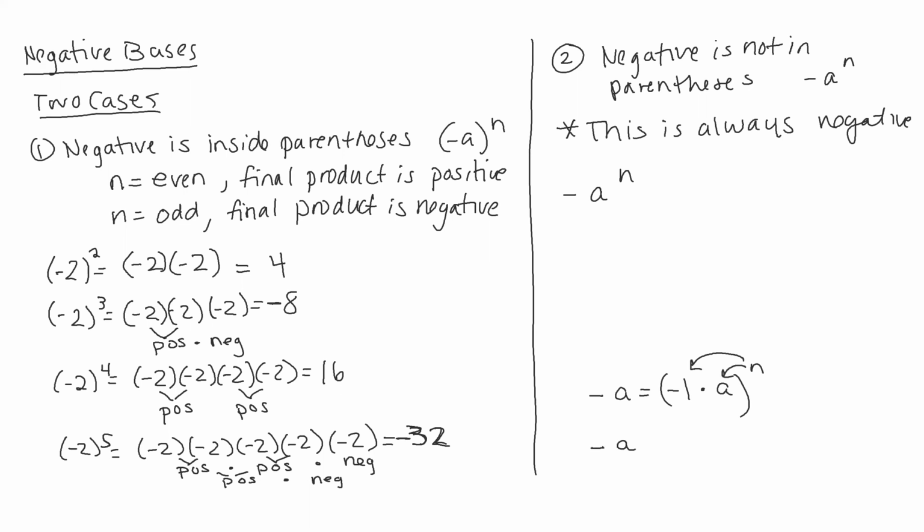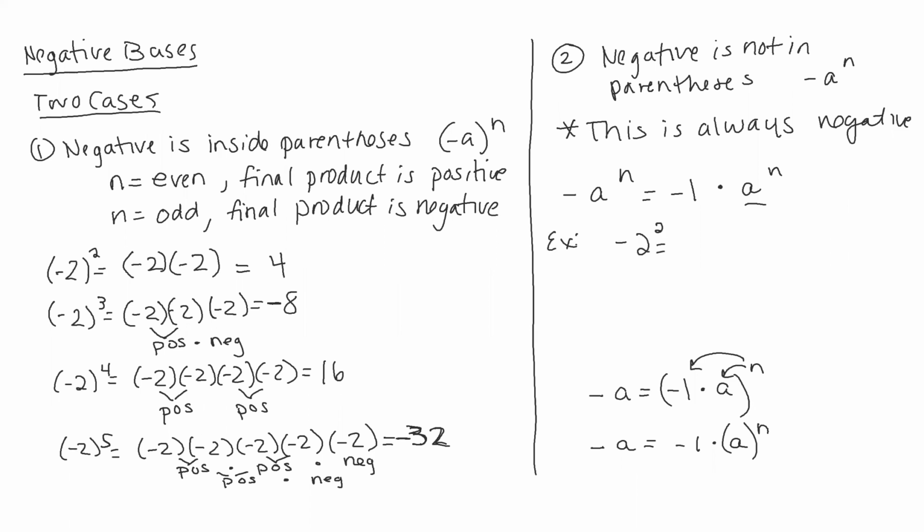But if I have negative a like this, and I write it as -1 times a to the n, the a gets the exponent, but the -1 does not, okay? So basically right here, this is like -1 times a to the n. So when I have just a to the n, it's always going to be positive, and then I'm always going to have a positive times a negative, okay? So this is always negative. Now let's look at some examples.